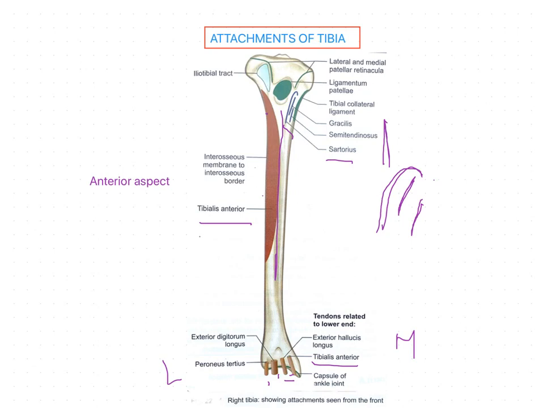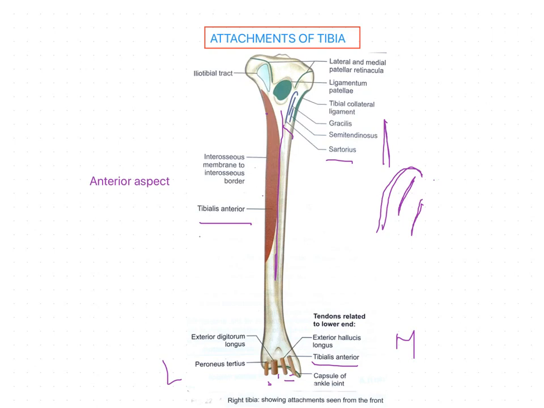We know that this muscle is also related to the anterior aspect of the leg, the front of the leg. The muscles related to the front of the leg, the peroneus tertius, we can also consider.